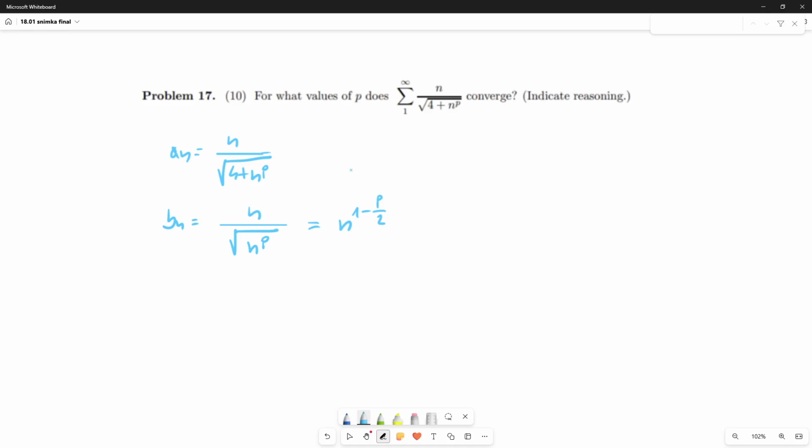The thing that we can see at first glance is that an is less than or equal to bn. Using that notion, we can conclude that whenever the series of bn converges, also the series of an converges.